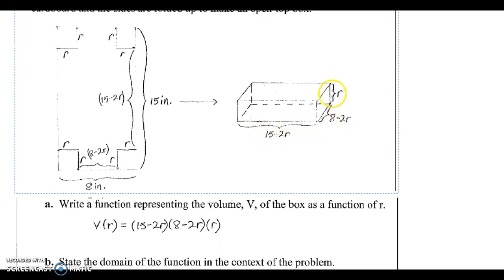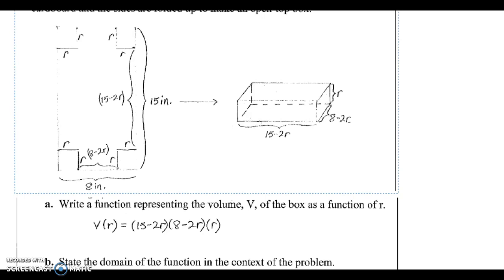If we go up to 3, we'd have a 3 by 2 by 9 box. If we go up to 4, we'd have a 4 by 0. We have a problem. So we can't go any higher than 4 with our R value. I shouldn't have said radius, I don't even know why I said radius. But we can't go beyond 4 because then we wouldn't have a width to our box.